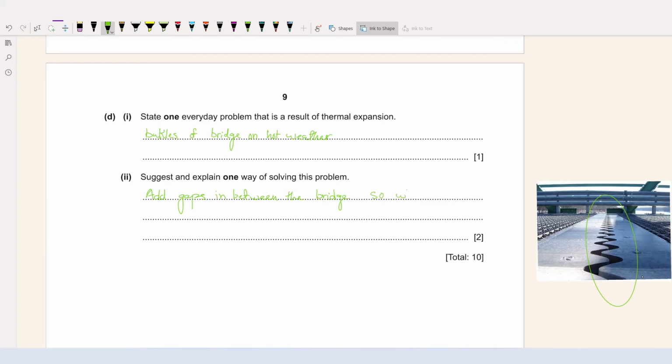So when the bridge expands, the gap closes.